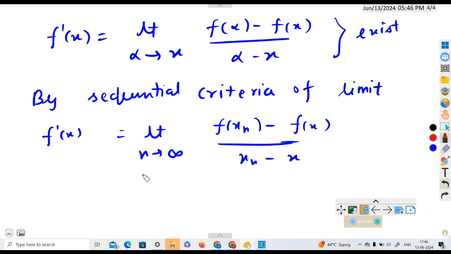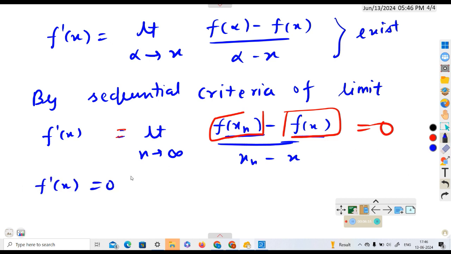Now note that f(x_n) is 0 and f(x) is 0, because x_n belongs to the set of all zeros of f, and x belongs to the set of all zeros of f. So the whole expression is 0. Thus f dash x is equal to 0.